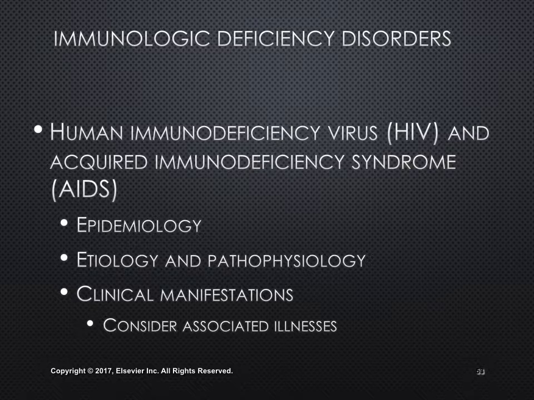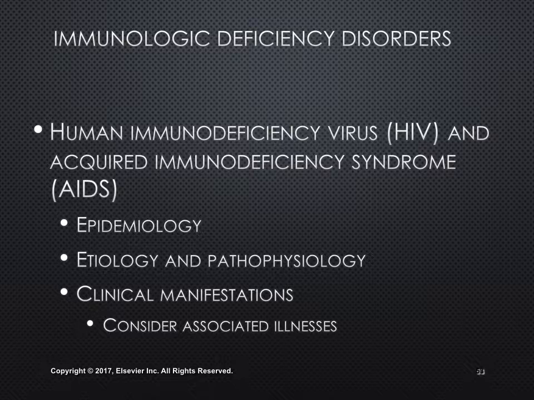These are people that are taking IV drugs. So horizontal means it's happening to people usually of the same age, people that are having sex with someone else on that level. Perinatal or vertical transmission occurs when HIV-infected pregnant women pass the infection on to their infant.